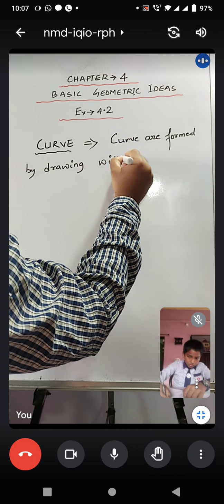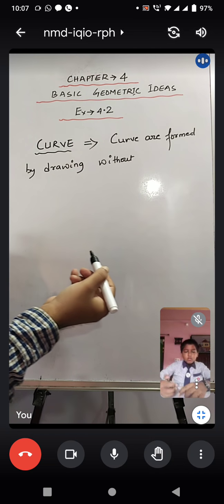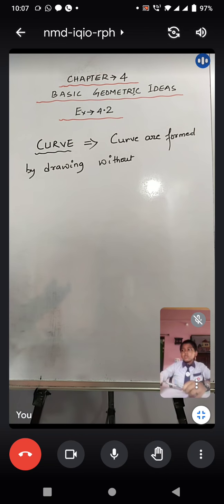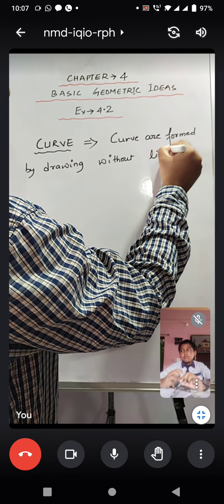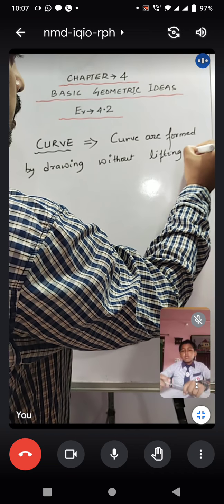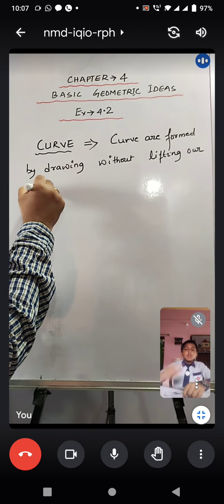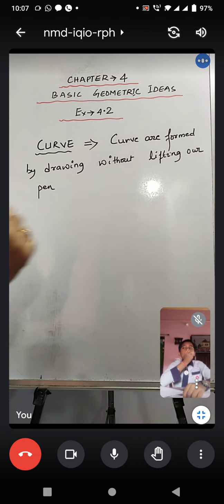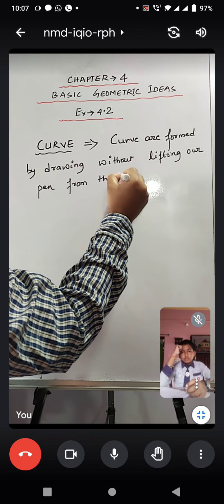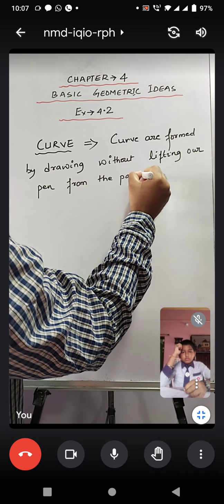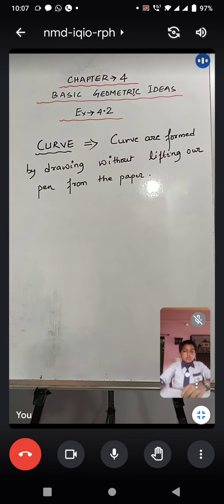So those drawings which we draw without lifting our pen, I will show you some examples also. Without lifting our pen from the paper. So this is the definition of a curve.